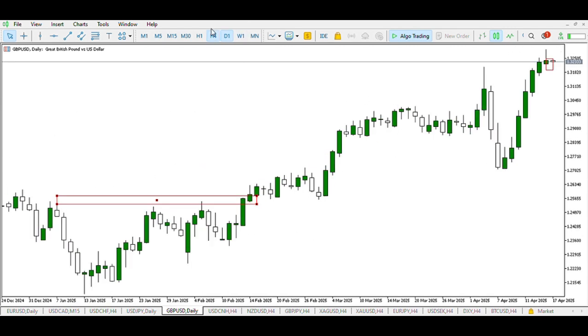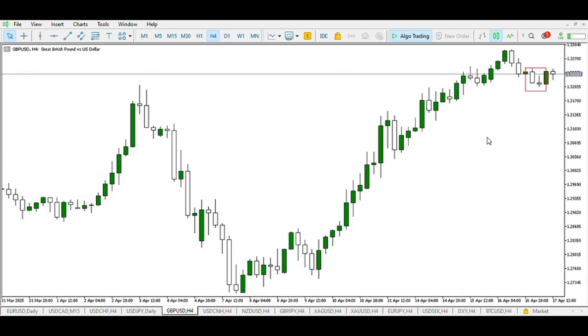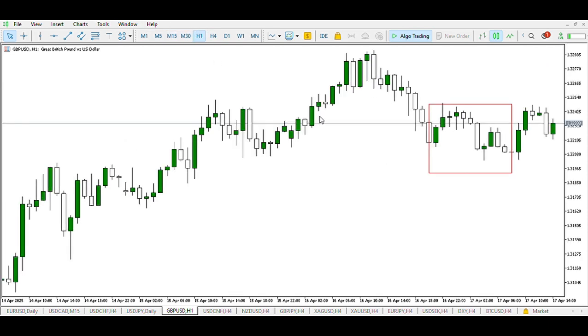Then we can go to the 4-hour chart. Not much of a clear opportunity. We can go to the 1-hour chart if you're a day trader. On the 1-hour chart, there is no clear pattern to enter, so you can look at the low of the day to switch to the 15 minutes if there is any probable entry.